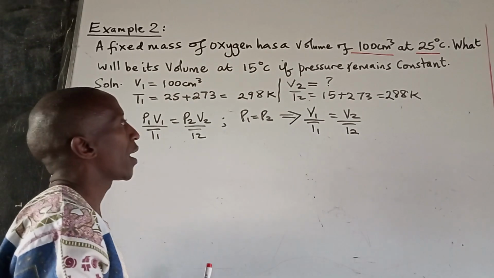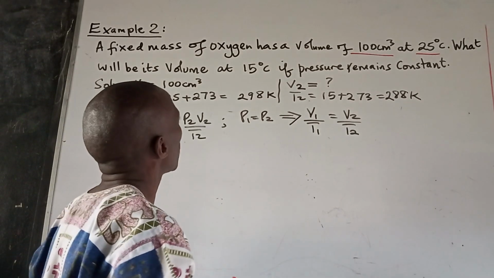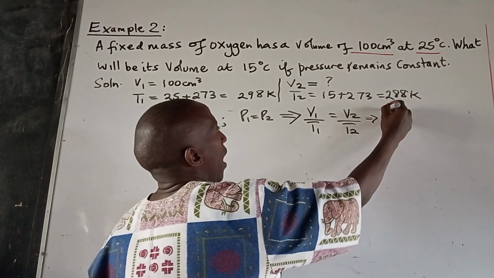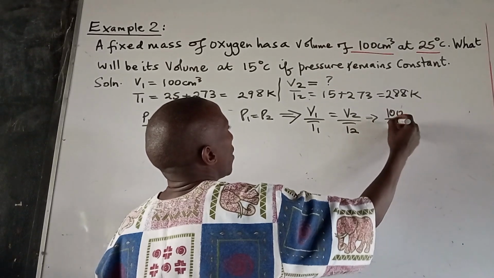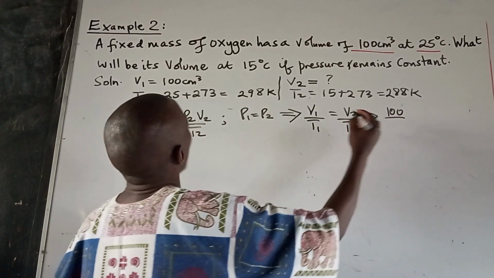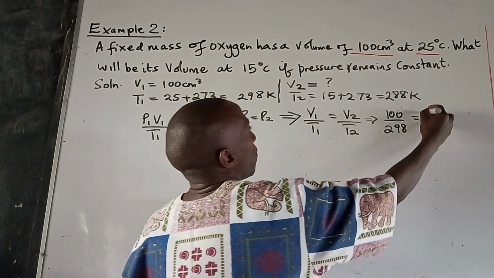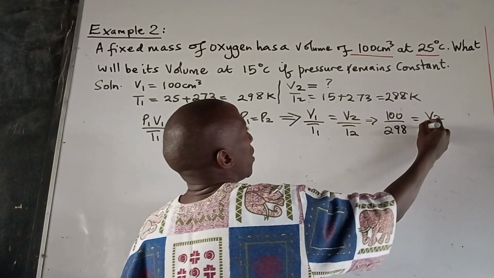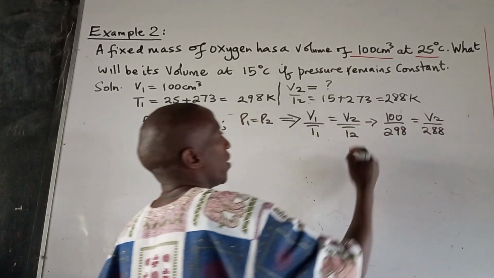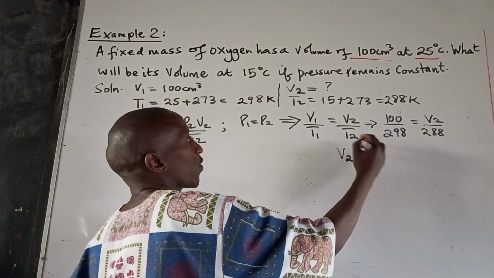Substituting, therefore, the values, we get that V1 is 100 all over T1, which at this point is 298, which gives us V2 all over 288. So it's upon us to make V2 the subject of the formula.